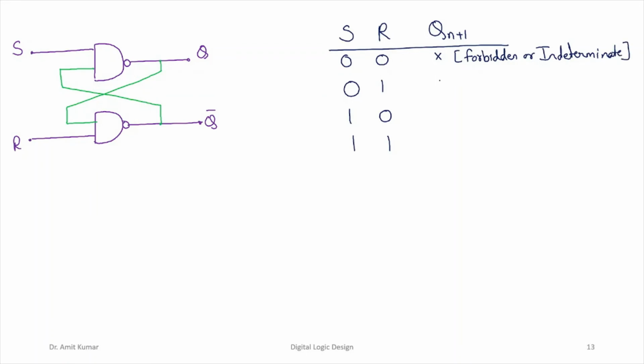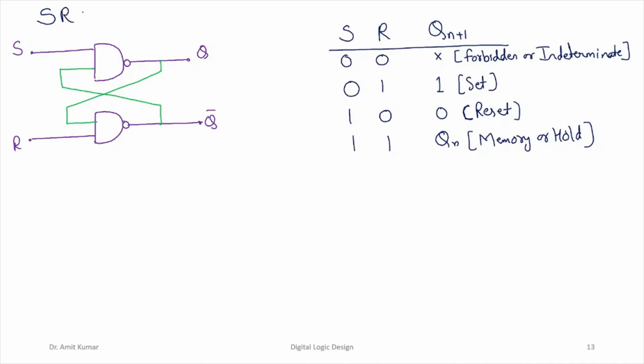We call 0 1 the set state. We call 1 0 the reset state. And we call 1 1 the memory or hold state. So these are the four different cases that can be realized for this SR implementation using NAND gates. So this is an SR latch using NAND gates.